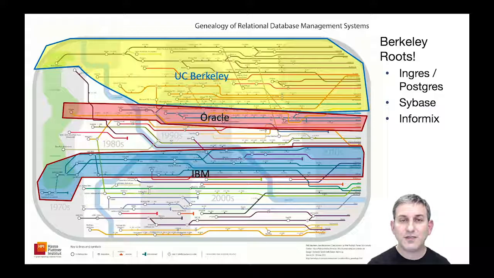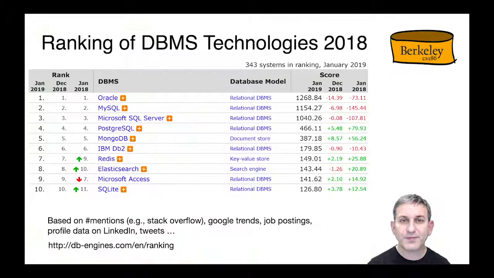If you look in the slides, you'll be able to find information about where to go find this chart. It's pretty interesting. If you look at db-engines.com, you can find a ranking of the popularity of different database engines based on things like the number of mentions in Stack Overflow, Google Trends, job postings, and so on. And you'll see that just recently, January 2019, Oracle was rated number 1, MySQL, which is open source but owned by Oracle, rated number 2.